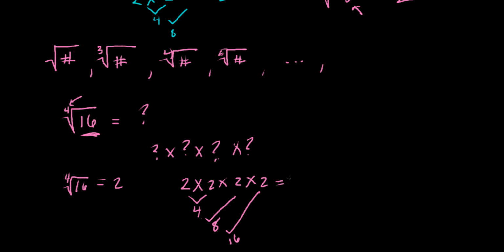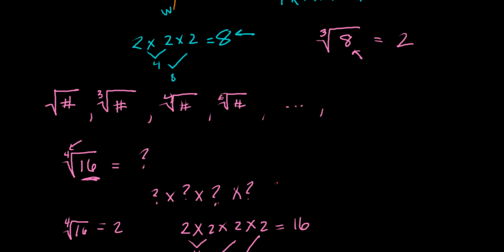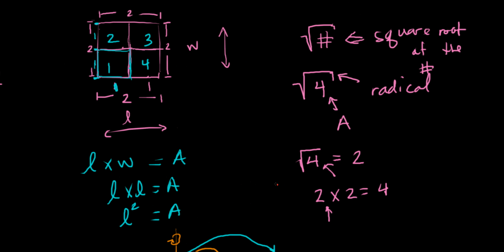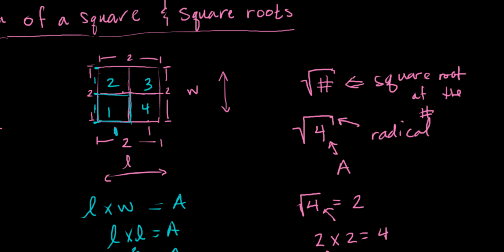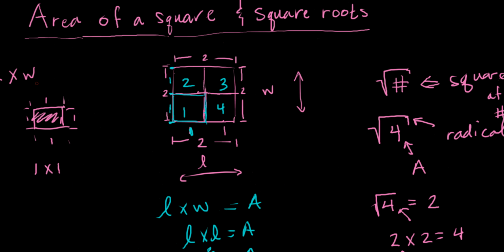That means the 4th root, going backwards, the 4th root of 16 is 2. And so that's how you figure out roots and stuff like that. So I hope now you at least understand the geometric representation of square roots and cube roots. And in the next video, I want to actually show you how to solve more problems with roots, not just square roots, but all types of roots.